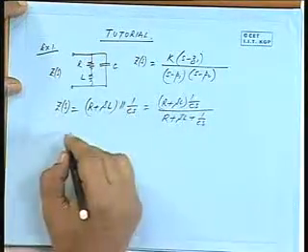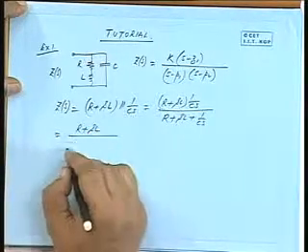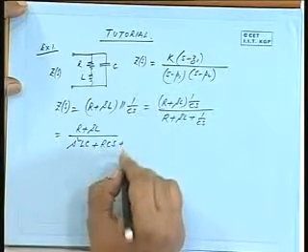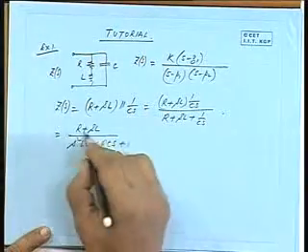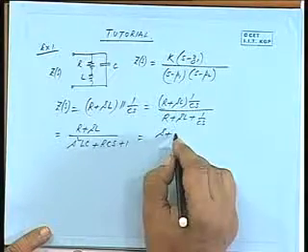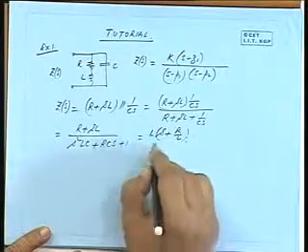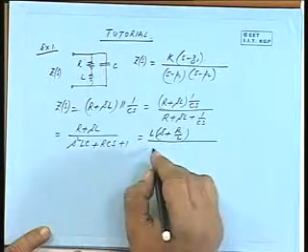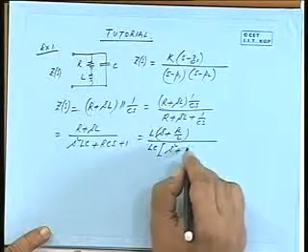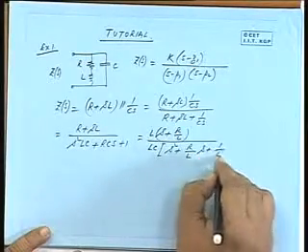If I multiply throughout by CS, that gives me (R plus SL) by (S squared LC plus RCS plus 1). So, this can be taken as (S plus R by L) into L divided by LC into (S squared plus R by L S plus 1 by LC).